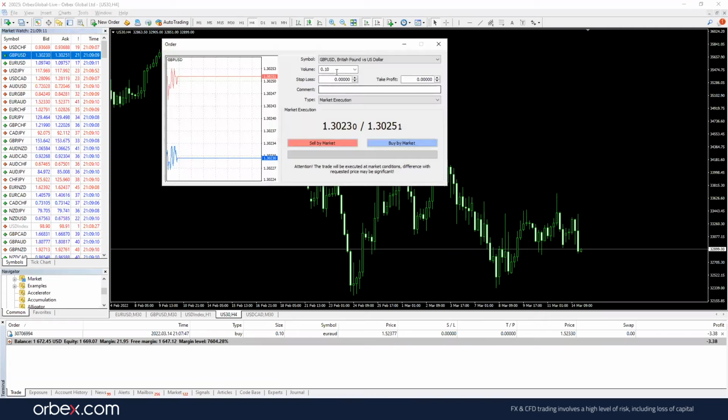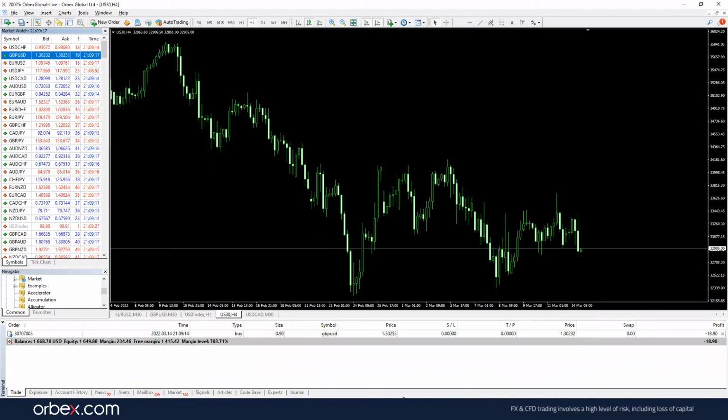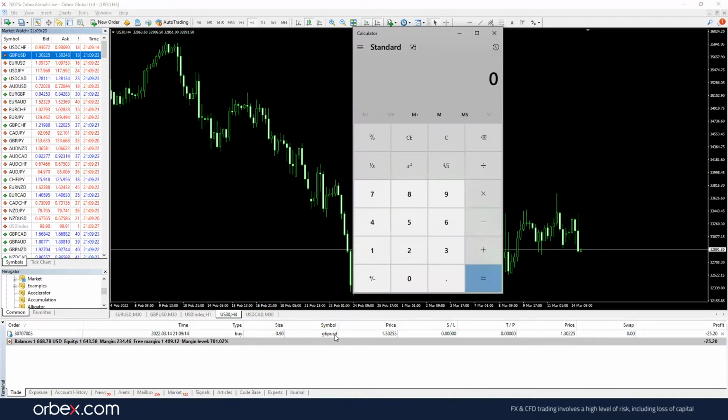Let's just open a pound dollar trade. Let's go a little bit higher, 0.90. And let's close our other trade that we had open. So again, 1.325. We won't have to do any converting now because this currency is the same as our base currency.